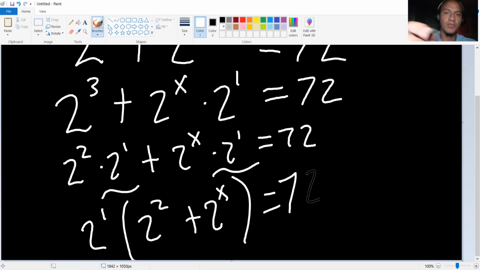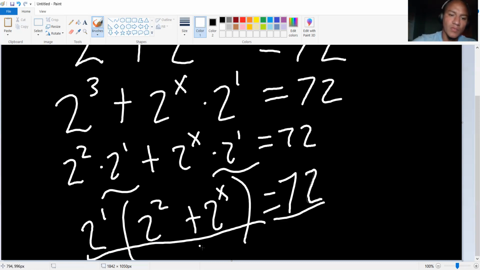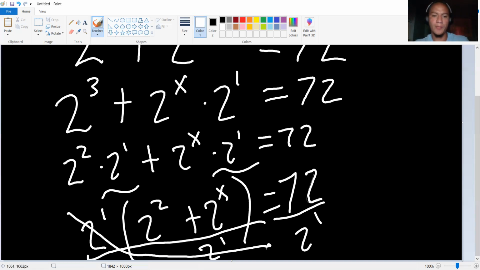And so we can see that we can divide both sides by 2 to the first power, which is just 2. This cancels out with the bottom. And in the end, you get, I'll write it in green to differentiate, 2 to the second plus 2 to the x equals 36.